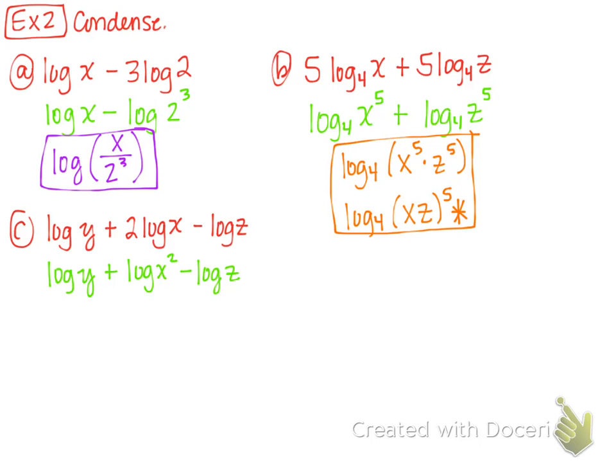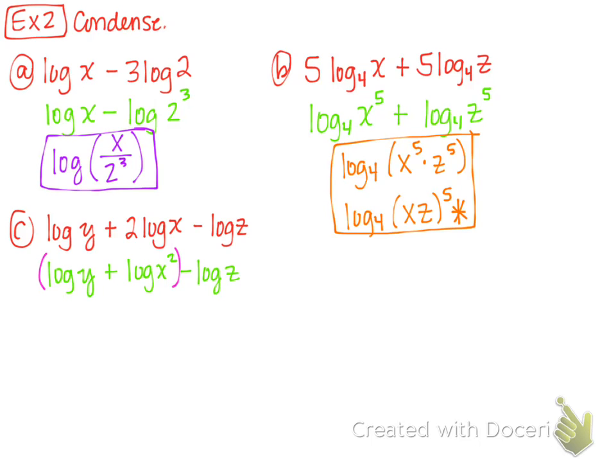Now here's where we run into maybe some confusion. Hopefully not. We're going to use product property there and quotient property here. But the question is, which one do you do first? Well, honestly, it does not matter which one you do first, as long as you're being careful with your signs. I like to go from the front to the back.